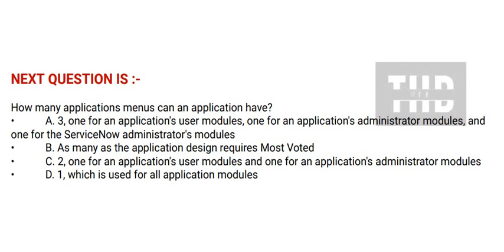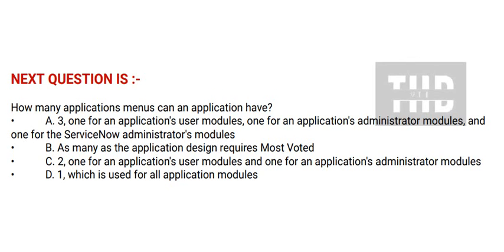Next question is, how many application menus can an application have? Option A, 3: 1 for an application's user modules, 1 for an application administrator modules, and 1 for the ServiceNow administrators modules. Option B, as many as the application design requires.